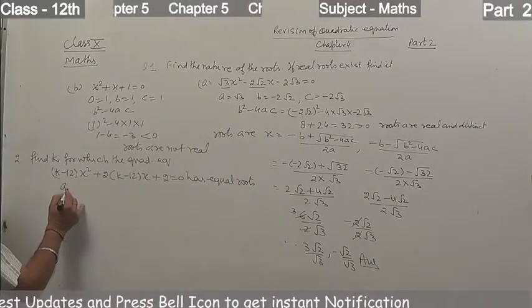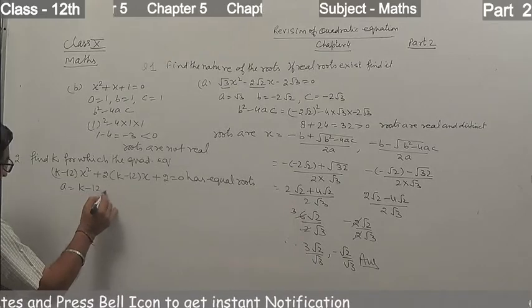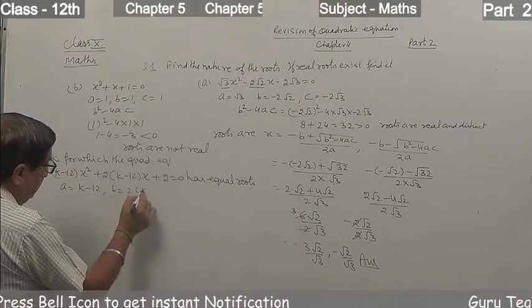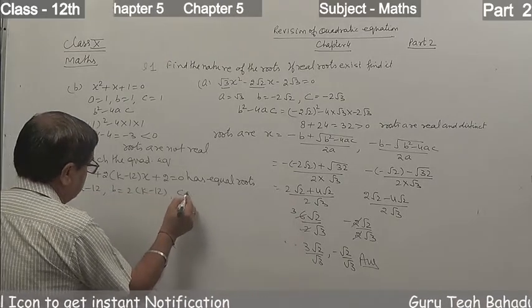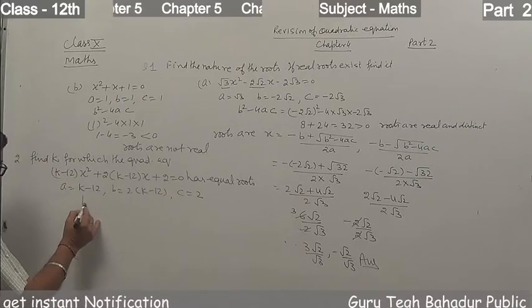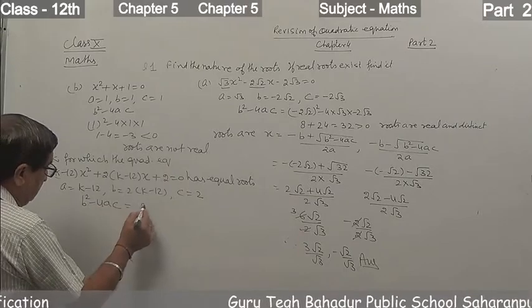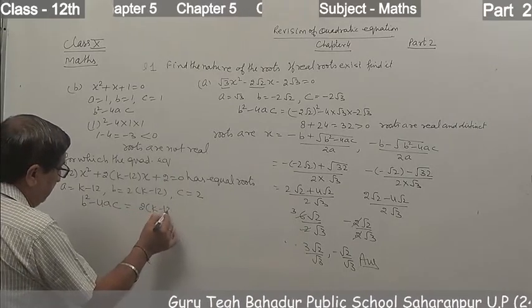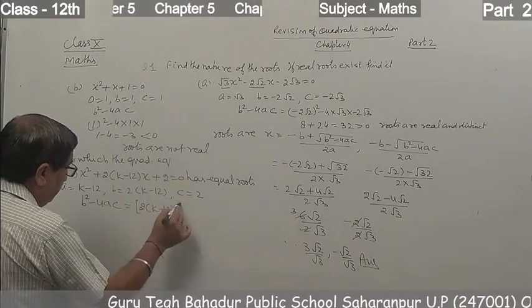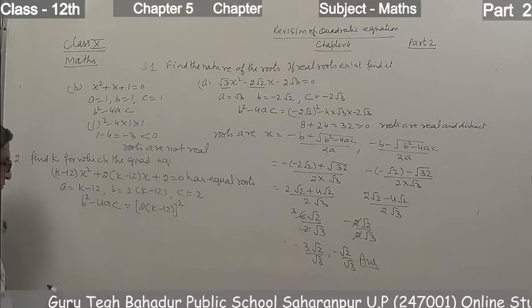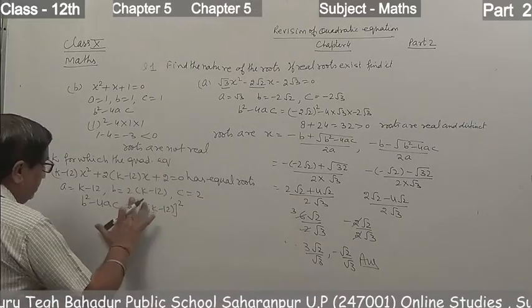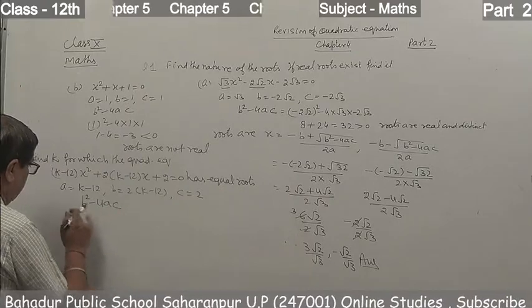So a is k minus 12, b is 2 into k minus 12, c is 2. Calculate b square minus 4ac. 2 into k minus 12 whole square, that is b square. First, for equal roots, what will it be?